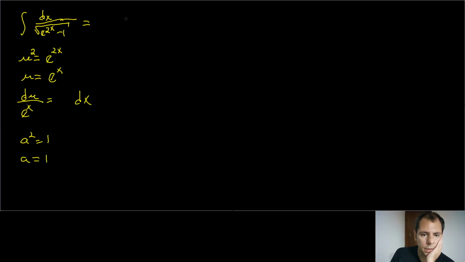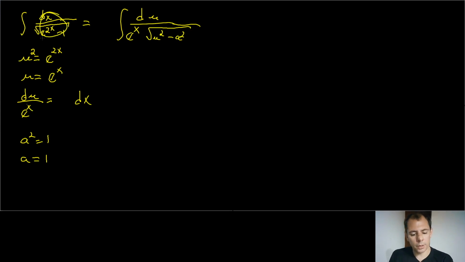So this is going to be equal to the integral of du over e to the x, square root of u squared minus a squared. So you see, apparently it's in the wrong format over here, but it's actually in the right format when you substitute, okay?